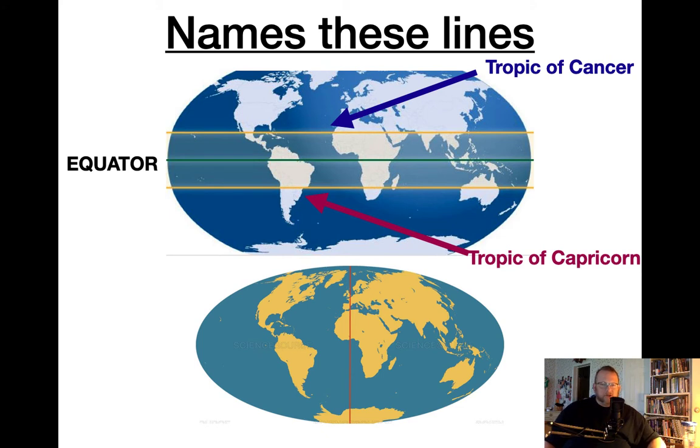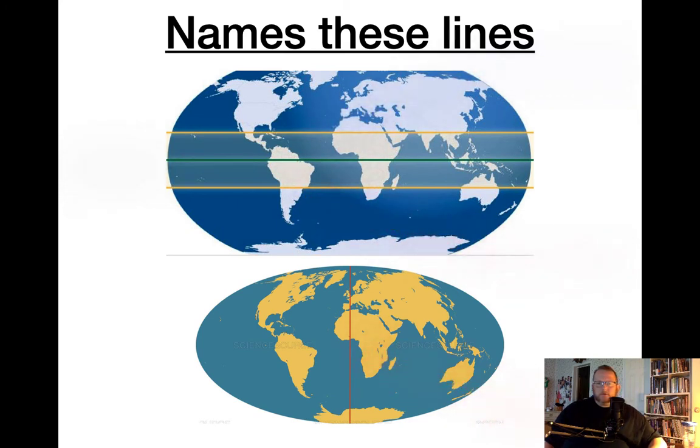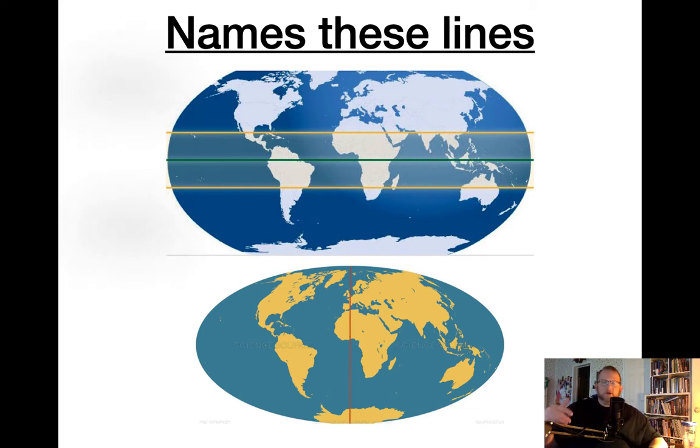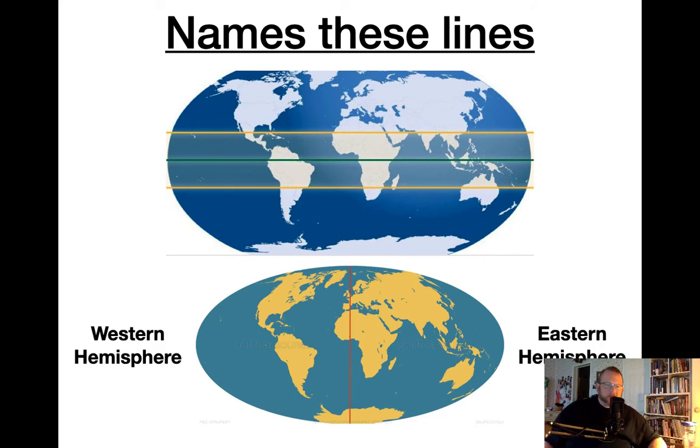That takes us to the lines of longitude. And the most important line of longitude, of course, is the prime meridian. The equator separates into northern and southern hemispheres, and the prime meridian separates into eastern and western hemispheres.